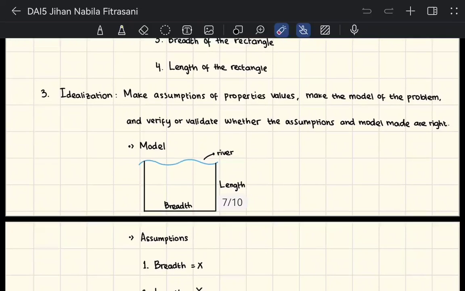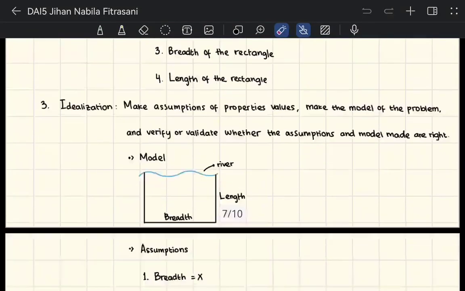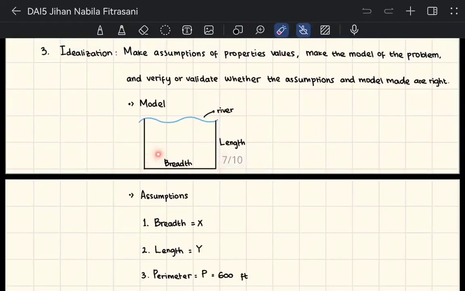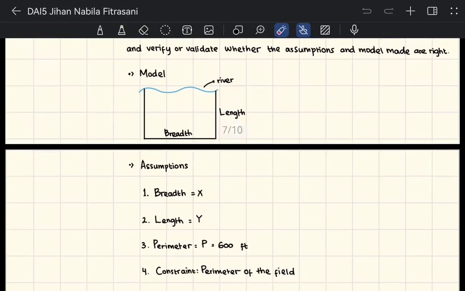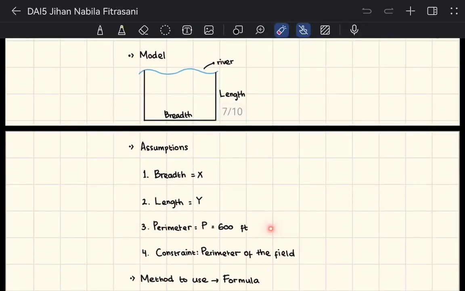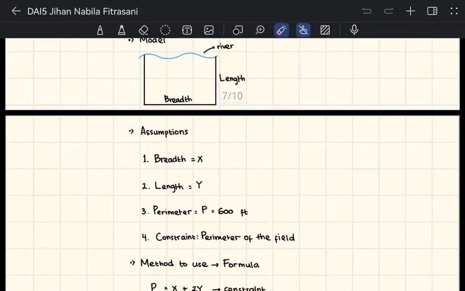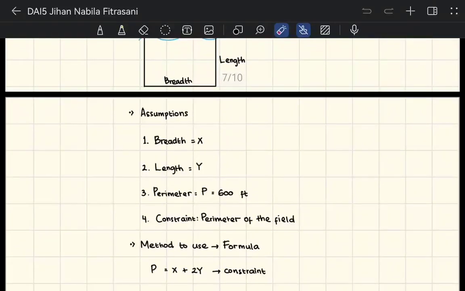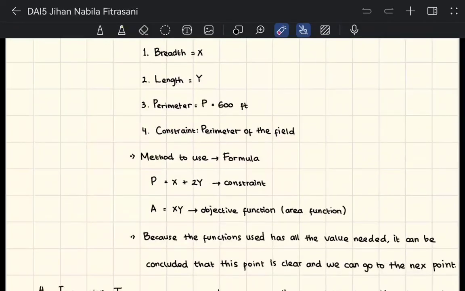Then we can get into assumptions, which is to put values into the properties that we have. We have breadth, which we can represent with x, and as length we can use y. Then the perimeter, which was said to be 600 feet of fencing, we will symbolize as P, which is 600 feet, and this is the constraint, the perimeter of the field, right?